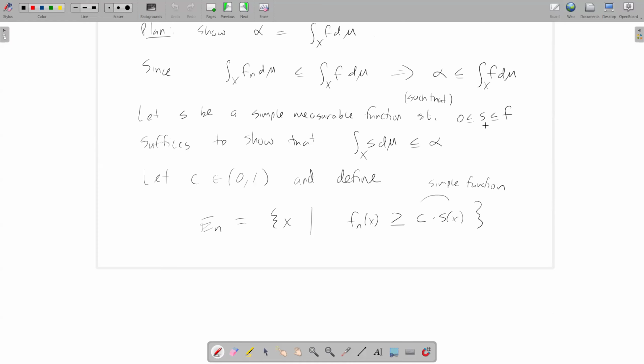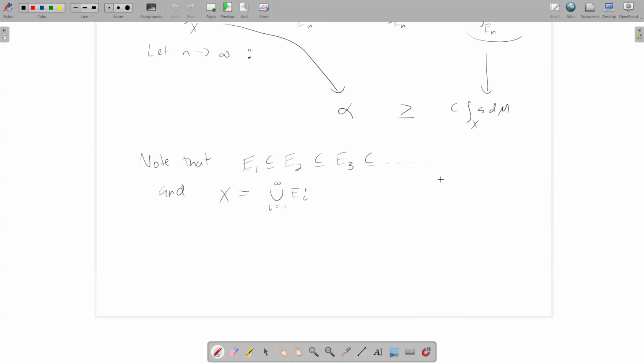If f is equal to 0, then everything's 0 here and it's no problem, and it would be in that E_n. But otherwise, we can just use the pointwise limit to see that every point in the space is in one of these. So I'll leave that to you.